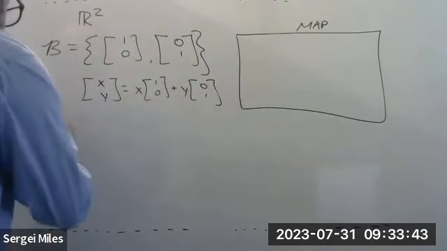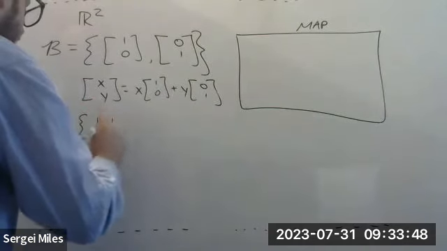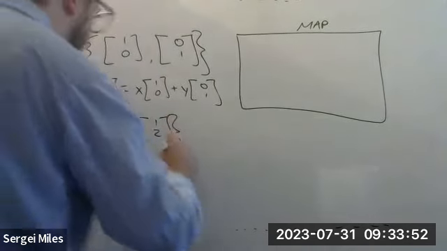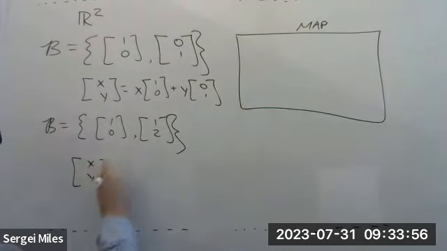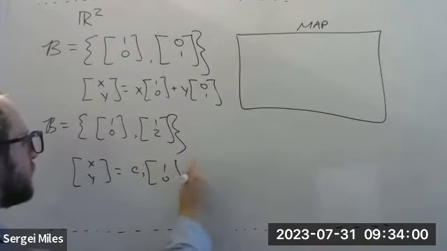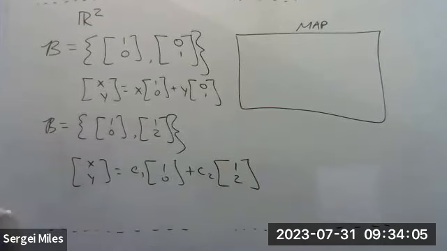But if I have some basis which is something else, let's say (1, 0), (1, 2). Well, now if you want to rewrite some vector in terms of these vectors, well, now you might have to get a little bit more creative, right? c1 and c2 are some constant scalars.